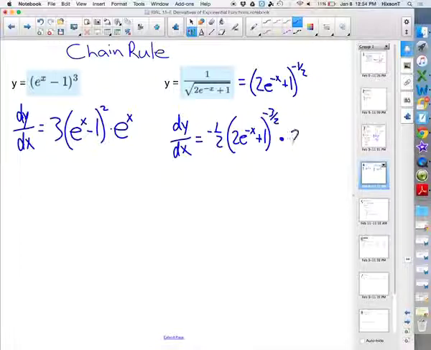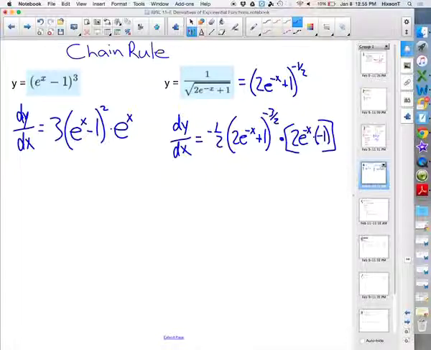I have 2 times e to the negative x times negative 1. So I'm doing the chain rule inside doing the chain rule. This is where it gets fun. So then we have some simplifying to do.